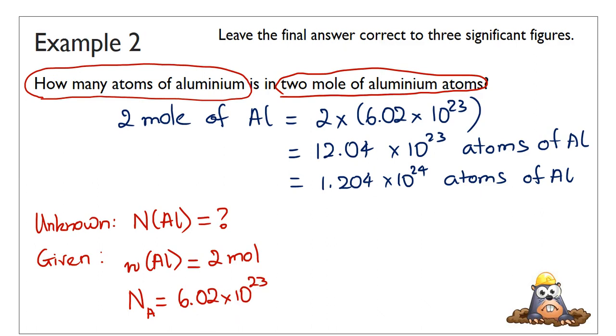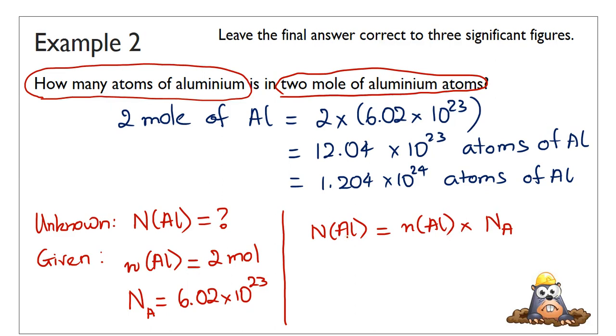Normally we don't put a unit here, but you can if you want. In this case, it's going to be atoms per mole. So the actual calculation here is that N of Al is number of moles times Avogadro's constant, and then from there, you get the final answer.